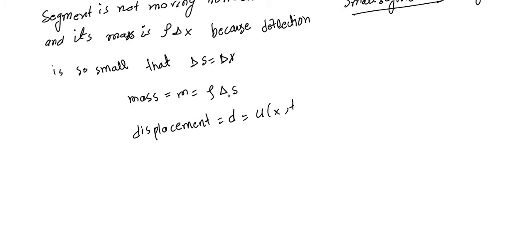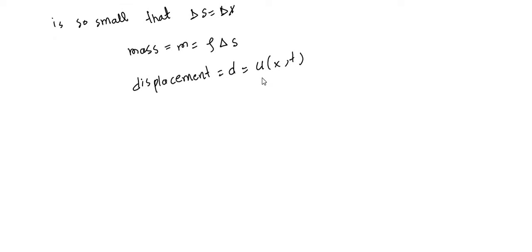Here we have defined our main variable in all of this modeling: u, which depends on x and t, and he defines u as displacement. And now we talk about acceleration.